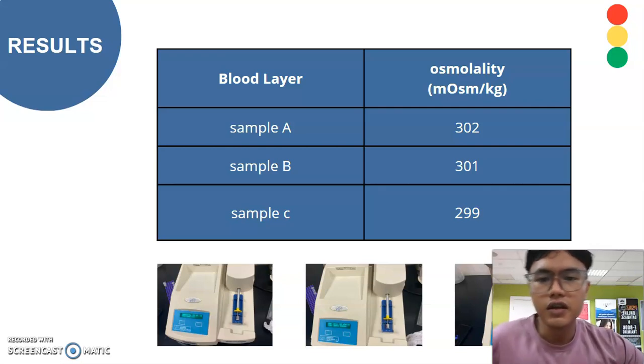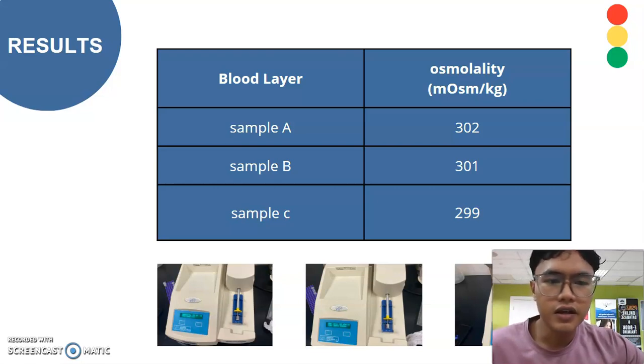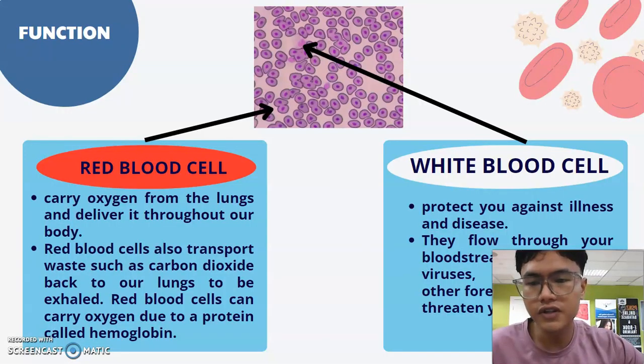For the result, there are three samples of blood layer. Sample A is 302 osmolality, sample B 301, and sample C is 299. For the function, the red blood cell carry oxygen from the lungs and deliver it throughout our body.